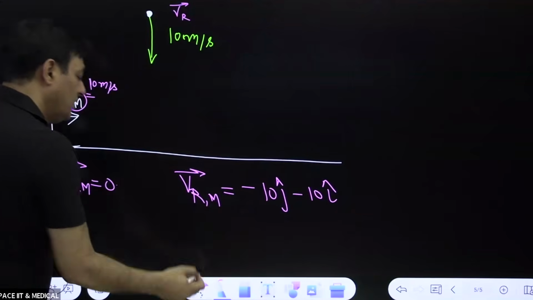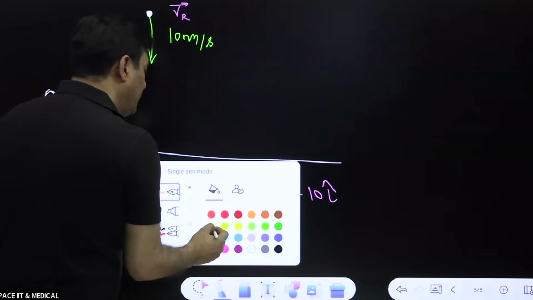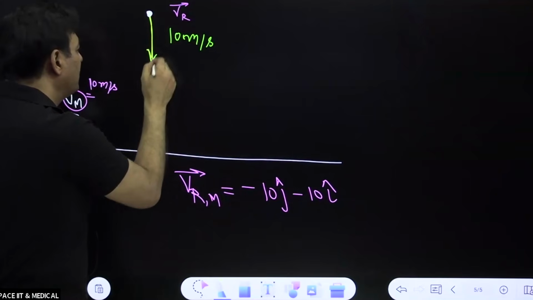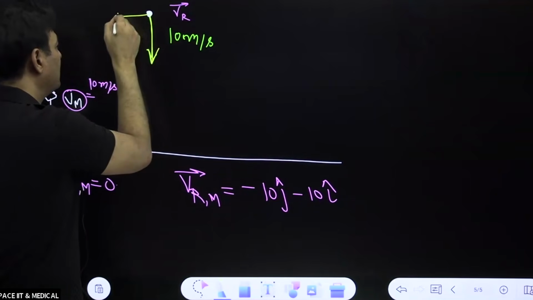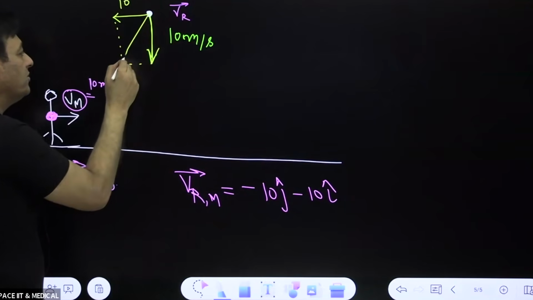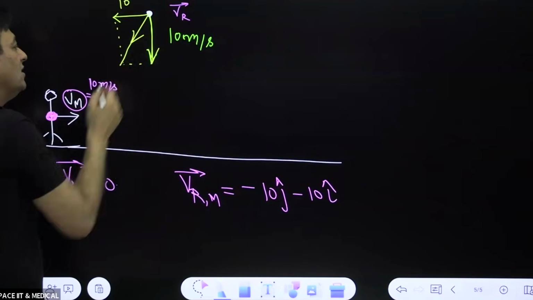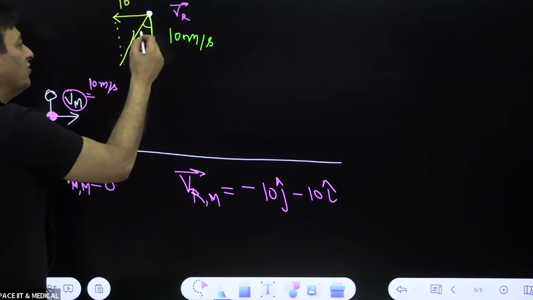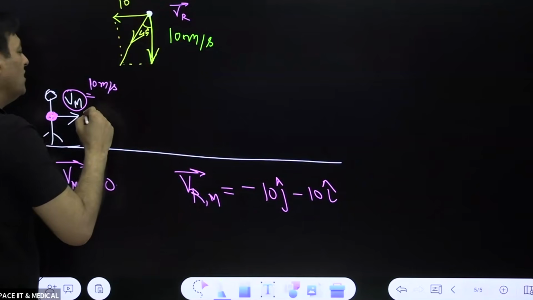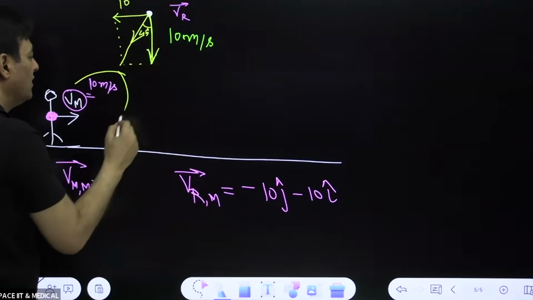Now, if you plot this velocity properly, you will realize man is feeling that the raindrops have 10 meters per second velocity here and 10 meters per second in this direction, and resultant velocity will be like this, and the raindrops will appear to him to be falling at that angle, and you will find out this angle will be 45 degrees. So the man must hold his umbrella at an angle of 45 degrees this way.